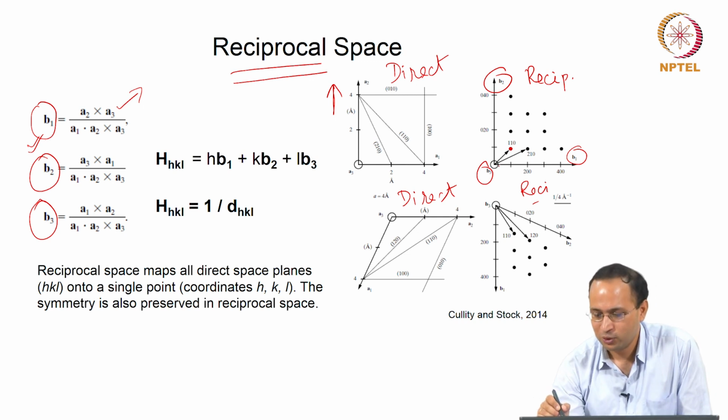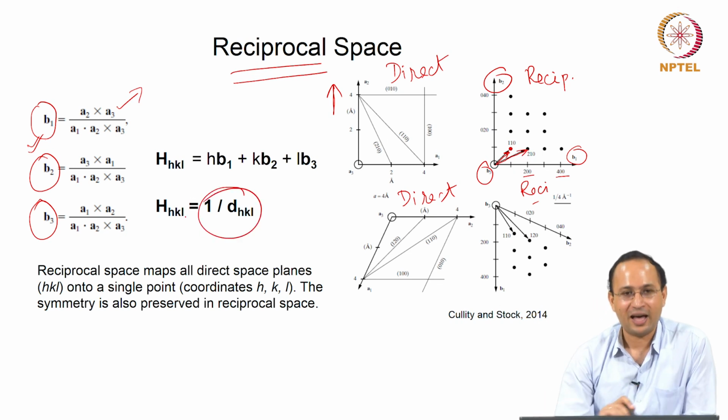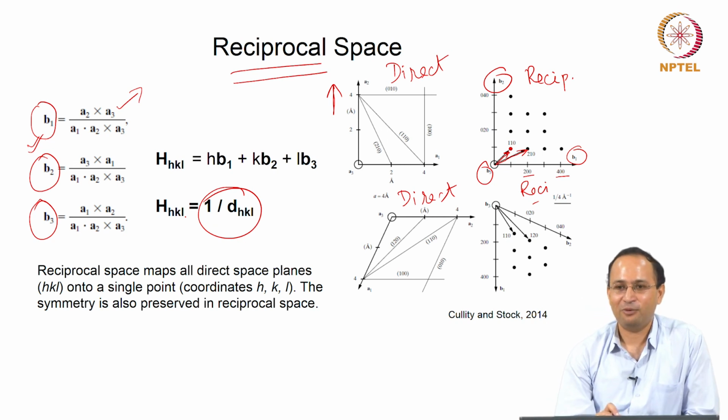Now you have B1 and B2: here it is 200, this will be 300, this will be 400. Similarly going up, 010, 020, 030, 040. This one is 110, and here it is 210. The distance from the origin of reciprocal space to the point is related to the interplanar spacing. We will come back to it.